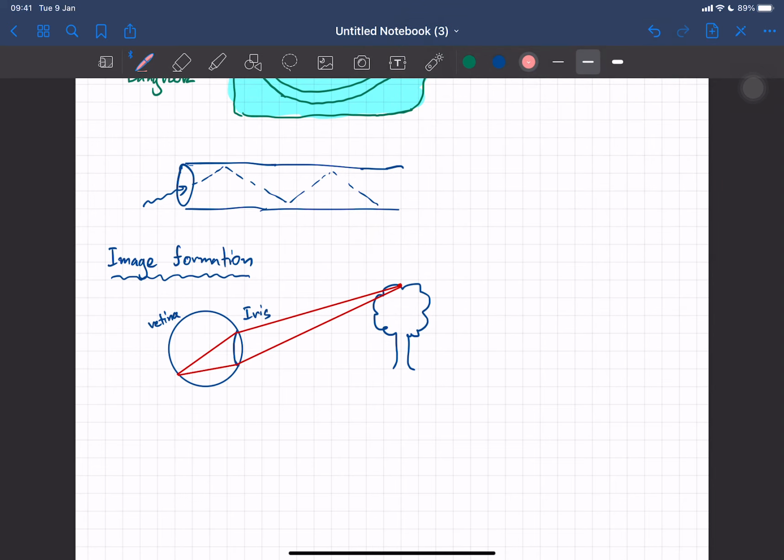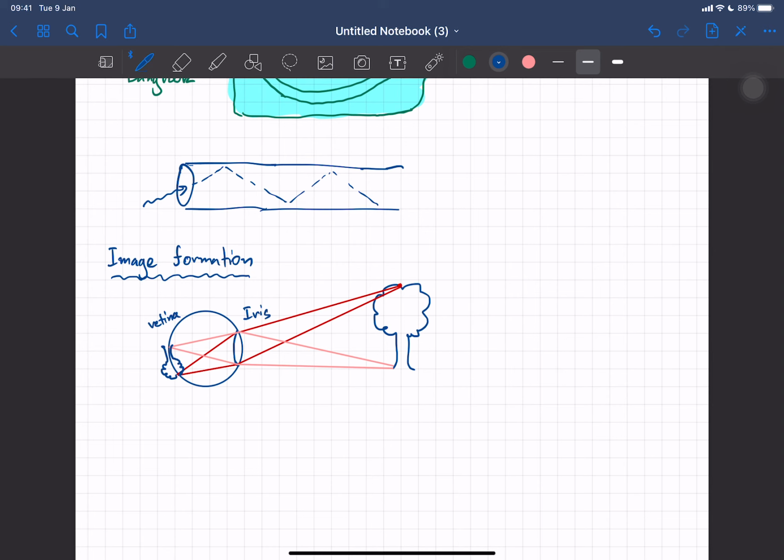So we can have the light coming out from the bottom, and again there are two lights that we draw, and these two will get focused onto the other part of the retina, something like this. So we can see that by just a simple drawing of this picture, you expect the tree to be upside down on the retina, right?